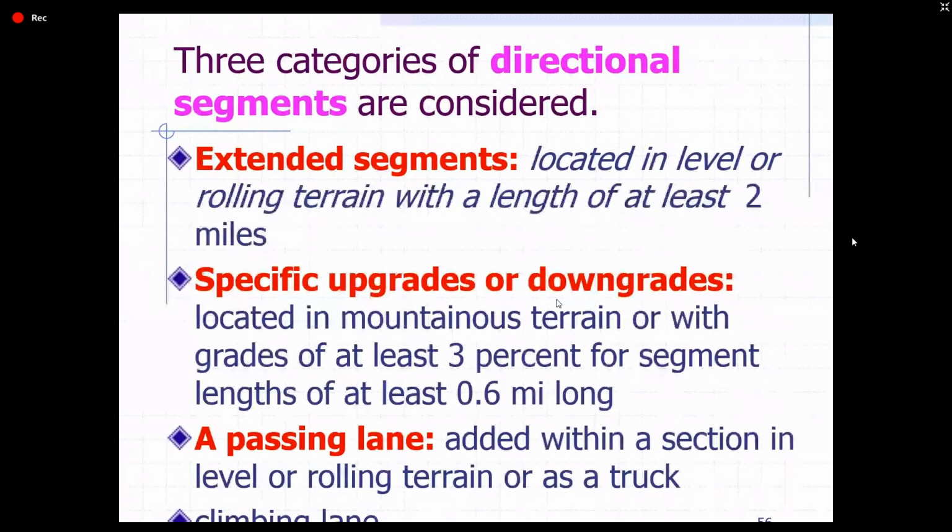Specific upgrades and downgrades, dito na magsisimula yung 3% and above. So, ibang table lang yung gagamitin mo, but the process is just the same. Then you have your, meron siyang passing lane, specific passing lane, or hindi natin to gagamitin kasi wala tayong ganito.